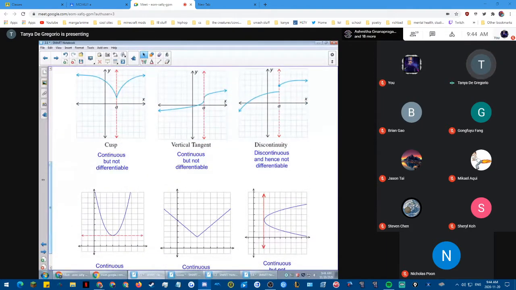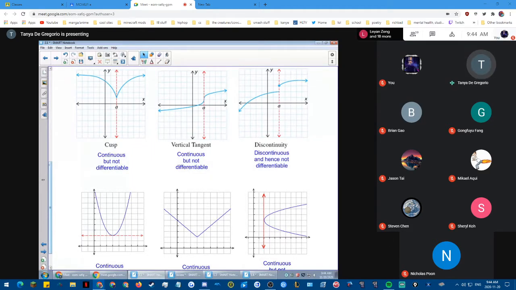We've got a cusp. This is continuous but not differentiable. Here, let's take a look at this example of a function. Again, we have a vertical tangent here. And so therefore, the derivative is undefined at that point. We're going to be learning later on that that's going to be called a point of inflection.